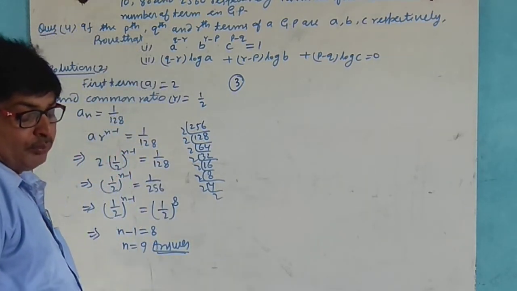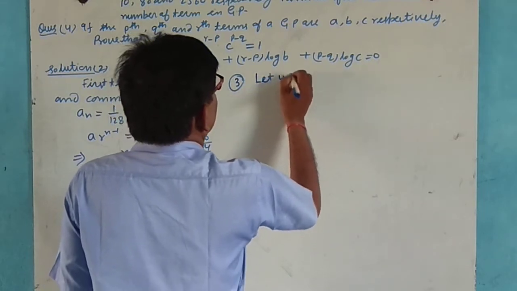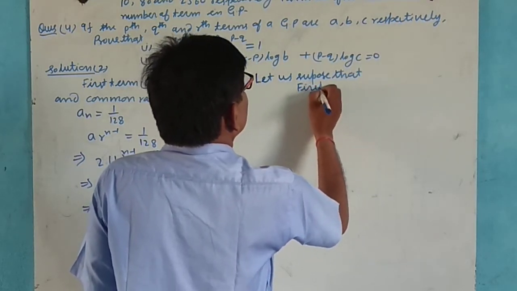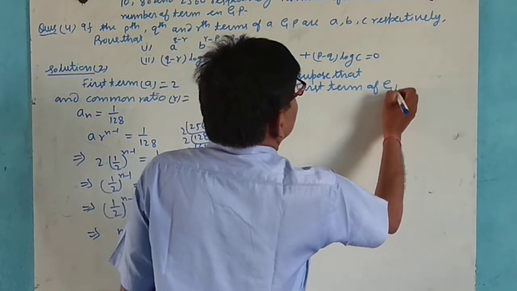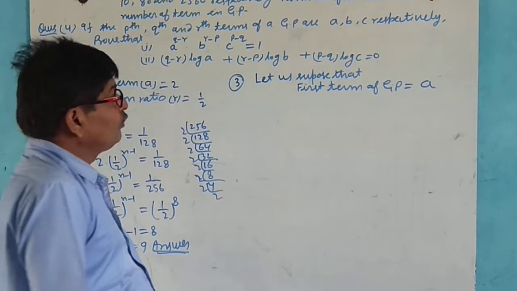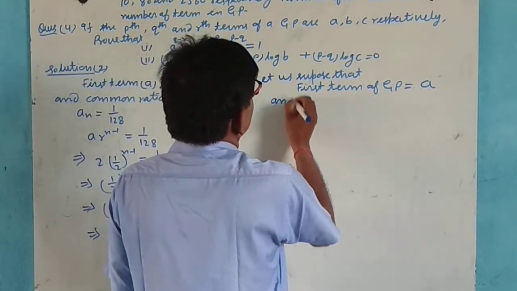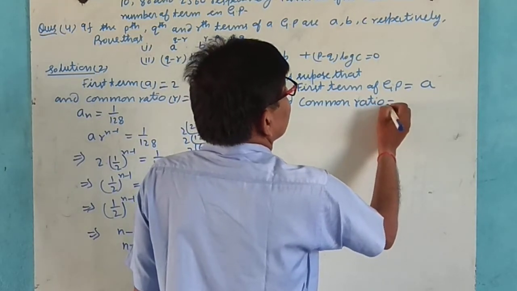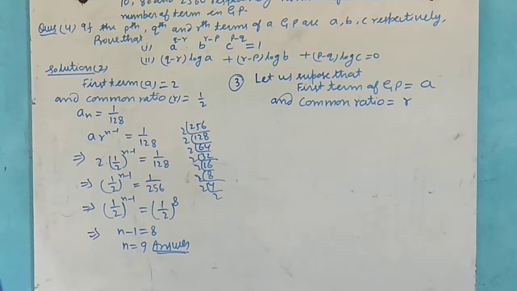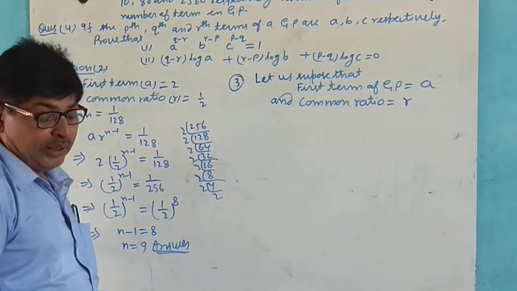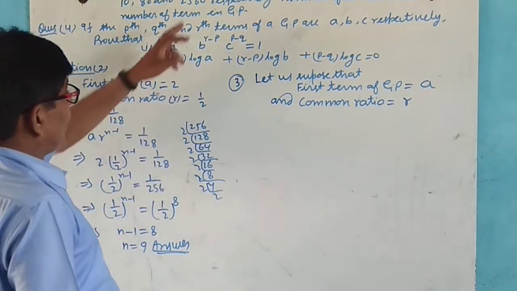Let us suppose that the first term of the GP is A and the common ratio, not difference, equals R. Here in this case, the given fourth term is 10, the seventh term is 80 and the last term is 2560.